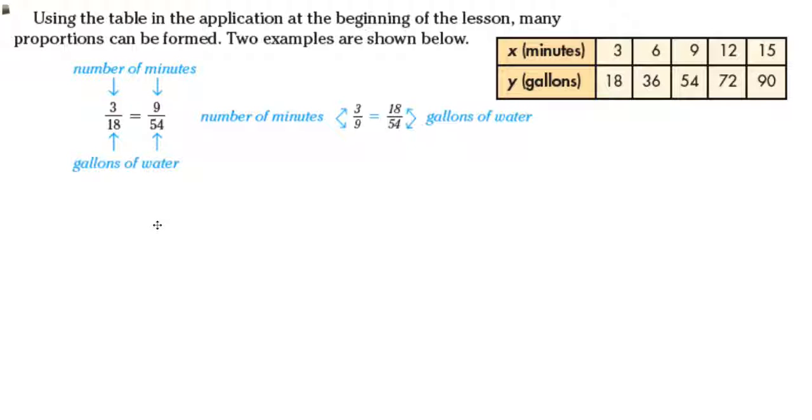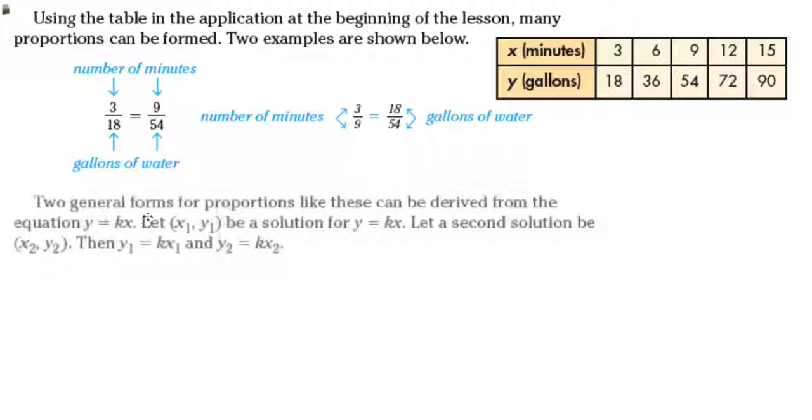Okay, so two general forms of proportion like these can be derived from the equation y equals kx. If we let x1 and y1 be the solution for y equals kx, and let the second solution be x2, y2, then we have y sub 1 equals k x sub 1, and y sub 2 equals k x sub 2.